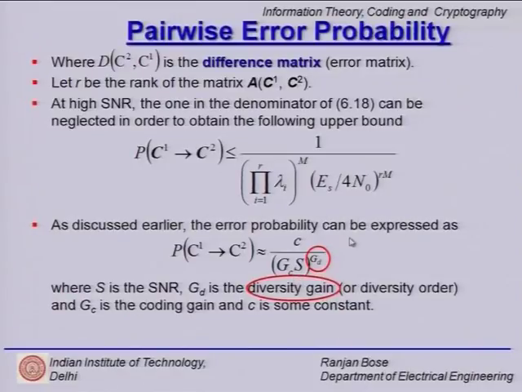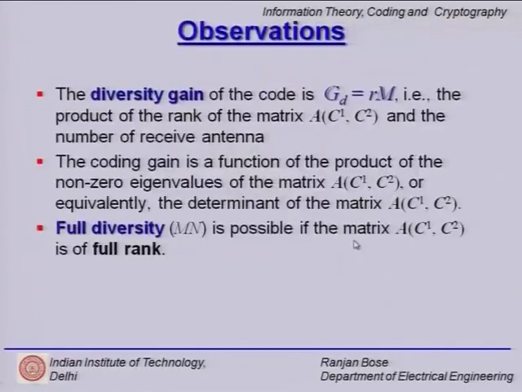If you compare these two, we can quickly see that rM corresponds to GD, because S is the SNR, here energy per symbol over 4 N0. So, this is an indicator for the SNR and GD is rM. The diversity gain of the code GD is rM, but what is r? r is the rank of the matrix A(C1, C2).